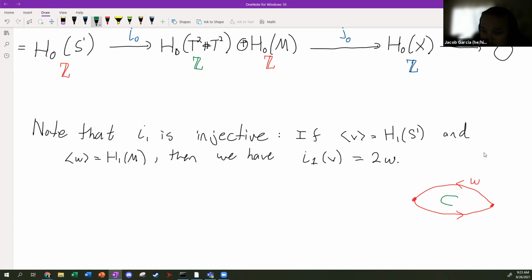And this is the boundary circle as part of the Mobius band, but this boundary circle is the S1 that I'm talking about from this inclusion map, right? So that means that this going around once, this circle, this is V, right? And if I view V as an element of the Mobius band, if I just deformation retract V up to the edge, I get the relationship that V is equal to 2W.